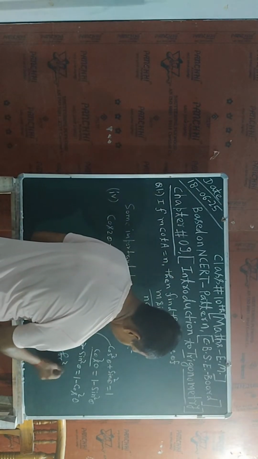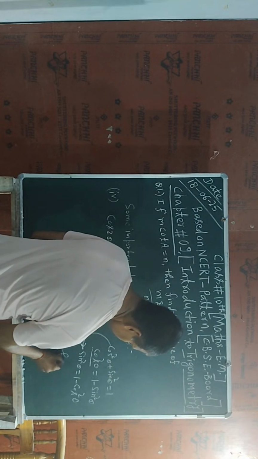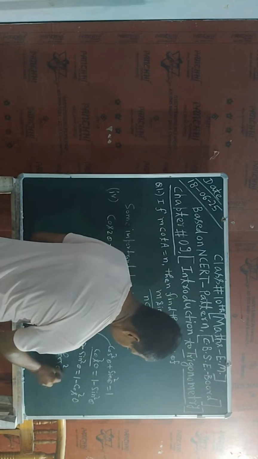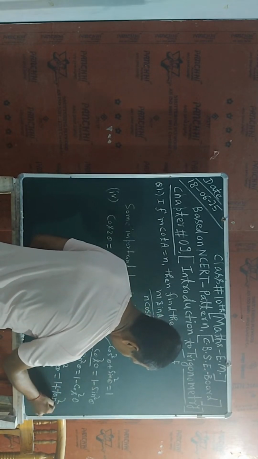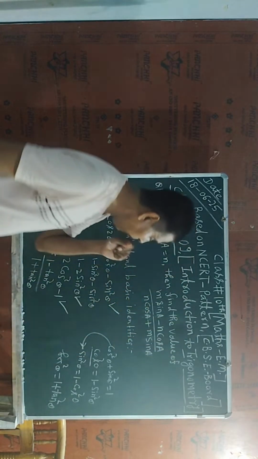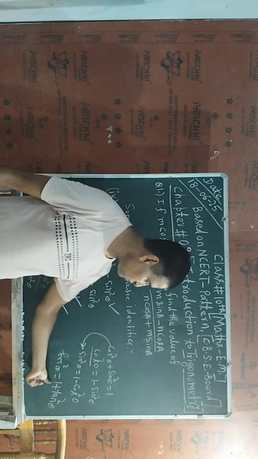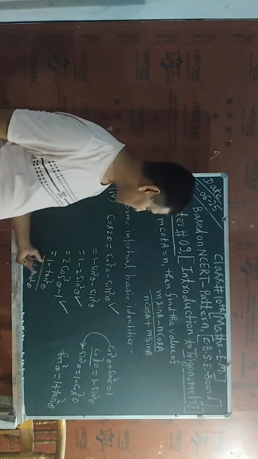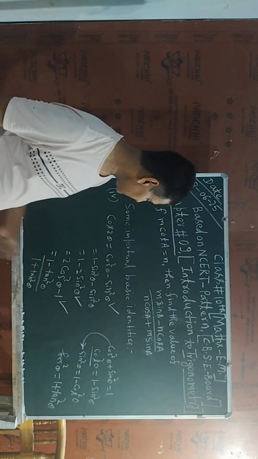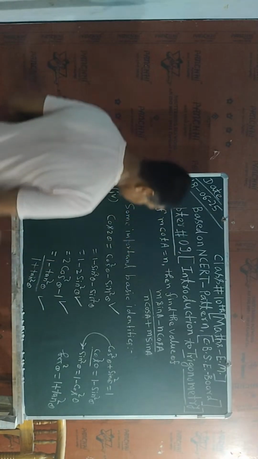This is also an identity, I will explain. Sec square theta is equal to 1 plus tan square theta. This is also an identity. So in the place of sec square theta I can write 1 plus tan square theta, and after simplifying we will get the value 1 minus tan square theta divided by 1 plus tan square theta.